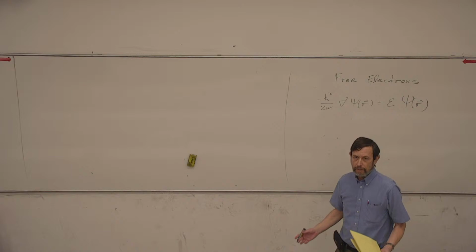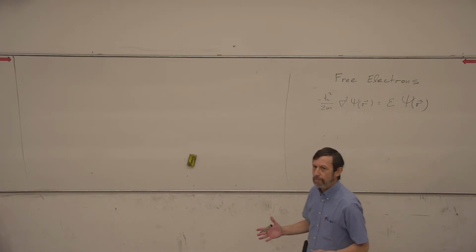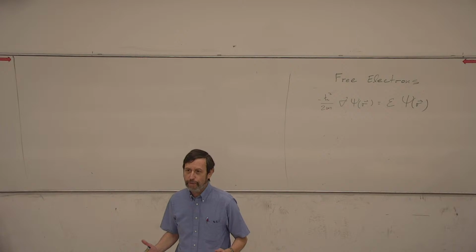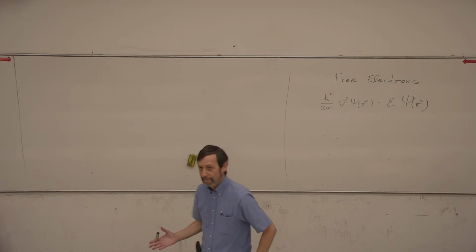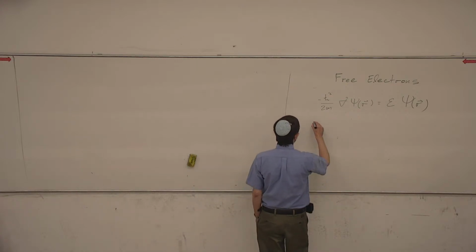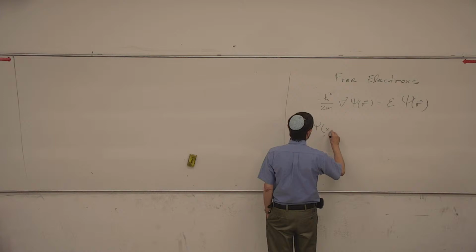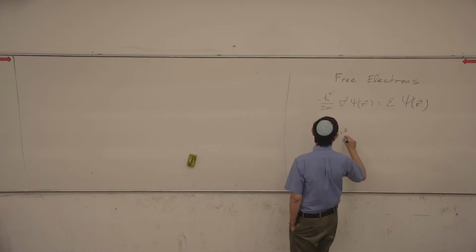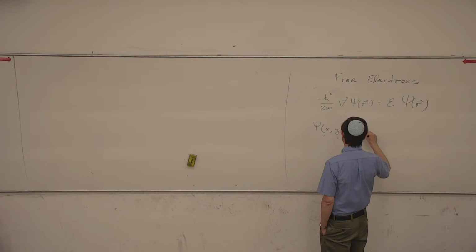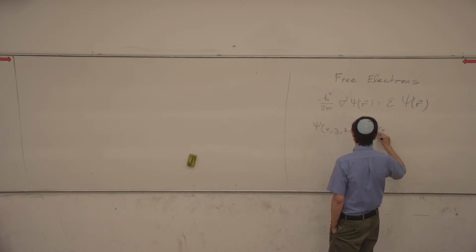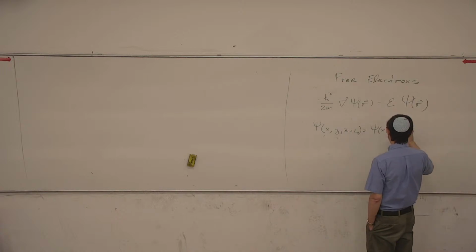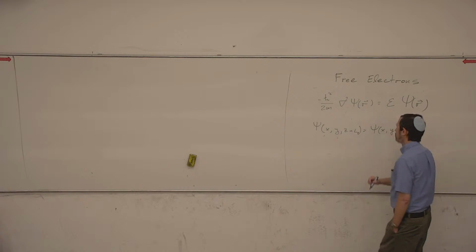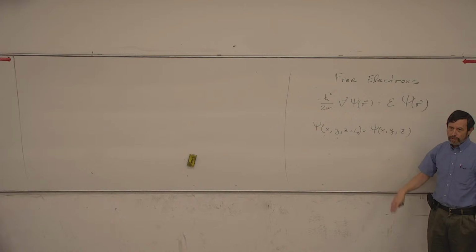The usual free electron Schrödinger equation. I put them in a box, and to make my life even simpler, I put in periodic boundary conditions, and the same for x and y.